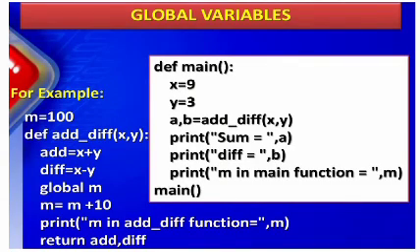For example, here we define m, which is not a part of any function and has no boundary. Here it is a global variable, while add and difference are local.